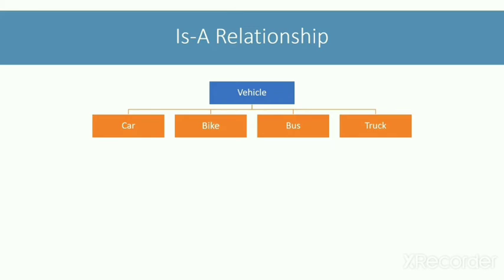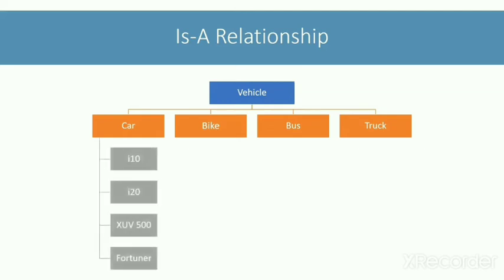This helps us to conveniently say that there are many different types of vehicles on the road, rather than calling out each of the types separately. Building on it a little further, there are many different types of cars: i10, i20, XUV 500, Fortuner, etc. This is also an example of is-a relationship, where each one of these is a car.